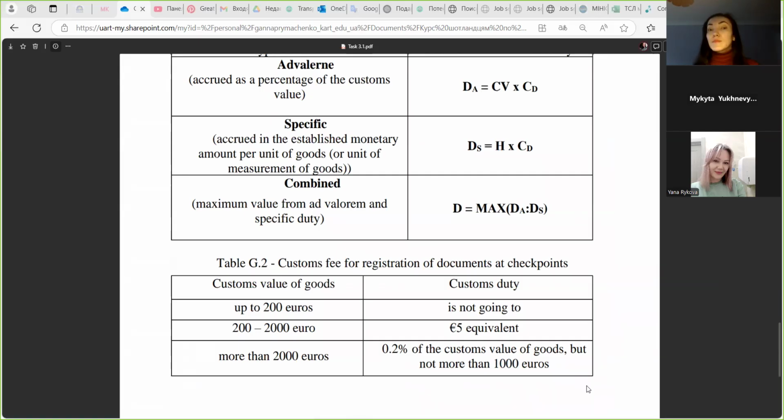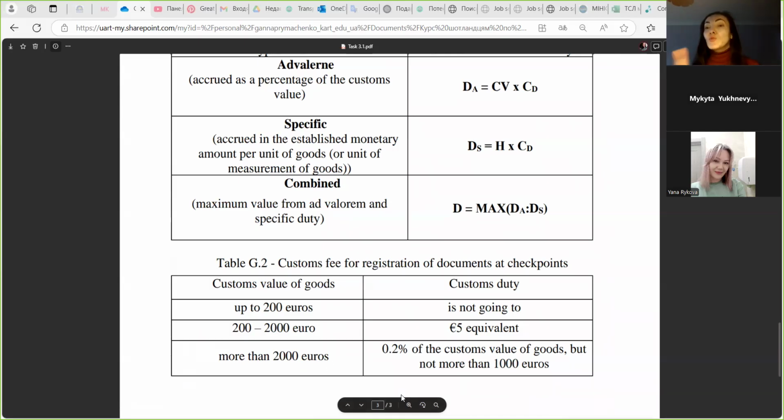If I have more than 2,000 euros, so more than 2,000, yes? Yes. What do I need to do? You need to find 0.2% of the sum that you have, but it will be not more than 1,000 euros.